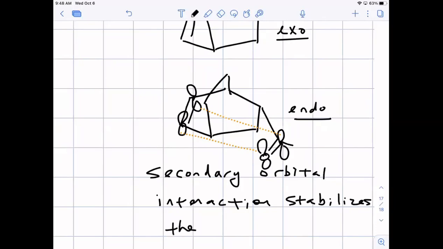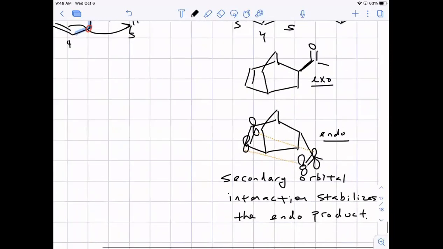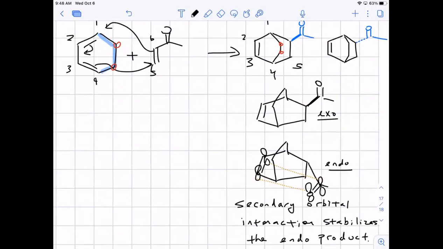So that's going to stabilize the endo product. So even though there's no bias to favor one over the other, the fact that the endo is lower in energy is going to make it the favorite product.